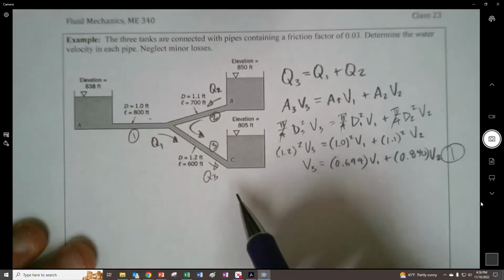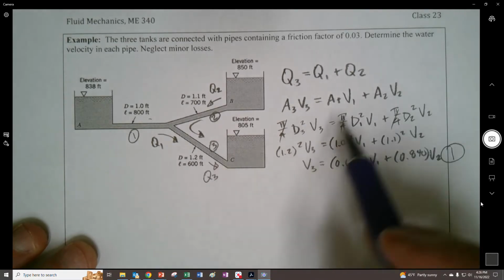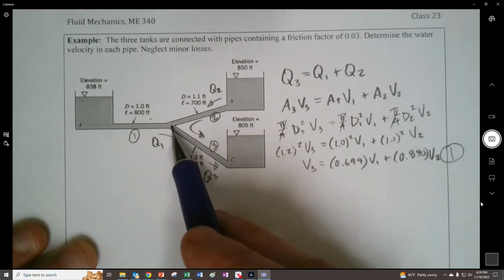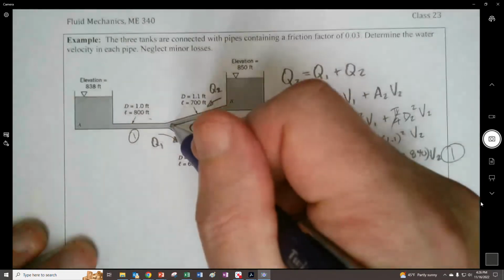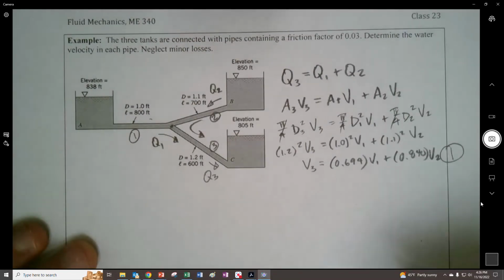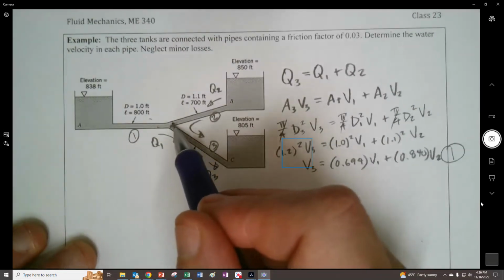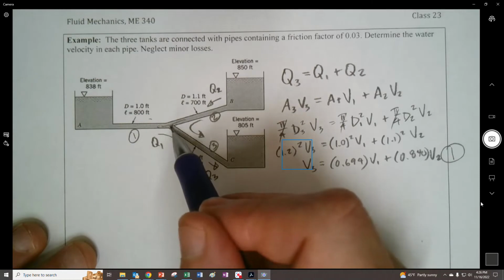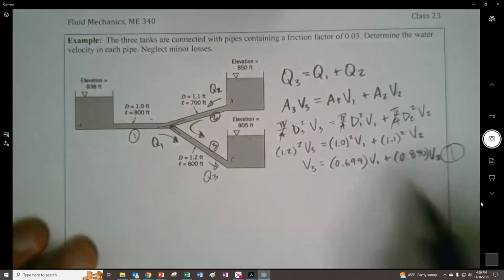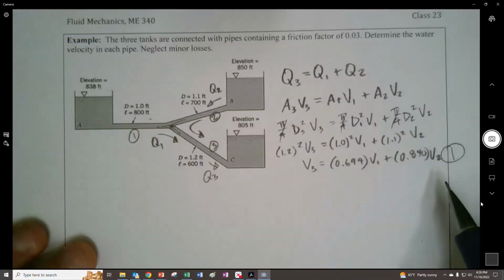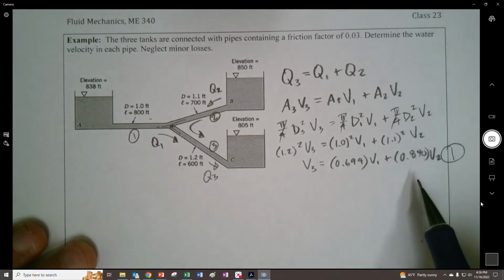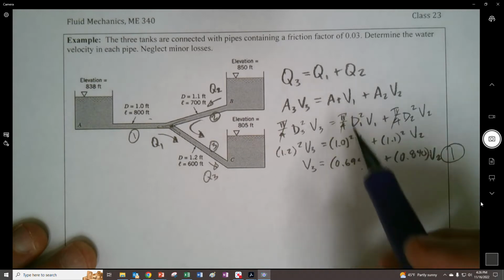Now, that really is a node problem. We could think of that as Kirchhoff's current law, where the flow splits at a node. Now we need to do a loop, and there would be maybe 3 possible loops, but we only need to do 2 loops.